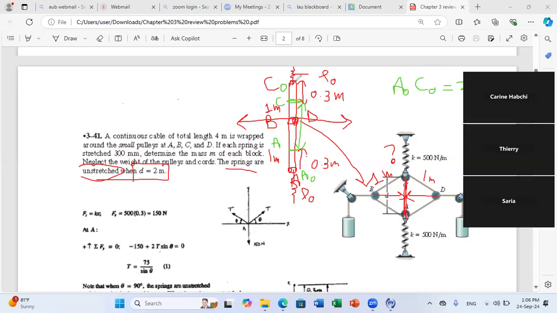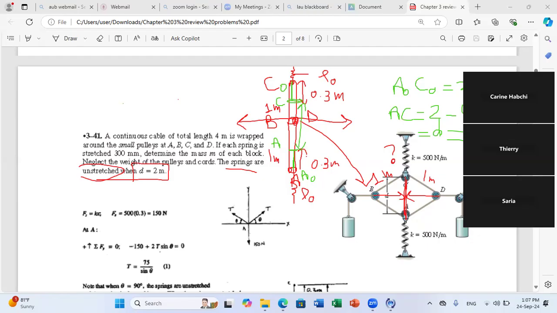So you reduce the distance of 2 meters by 0.3 meter from this side and 0.3 meter from this side. So the new value of AC is 2 minus 0.6. The new value of AC, which is D here, is equal to 1.4. This is how they found D.